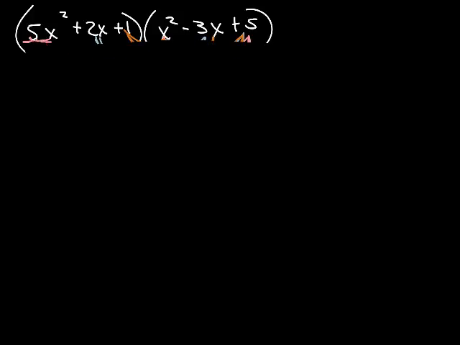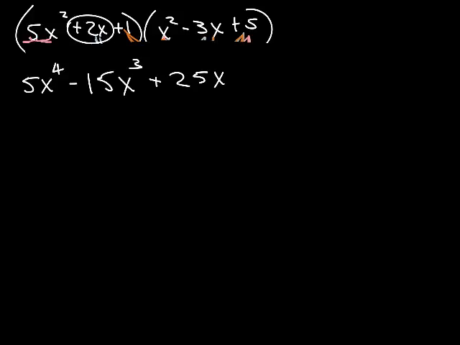All right, so 5x squared times x squared is going to give me 5x to the fourth. We're not adding 5 and 1 and getting 6. We're just adding the exponents. 5x squared times negative 3x is negative 15x cubed because we're adding the exponents, 2 and 1. 5x squared times 5 is 25x squared.